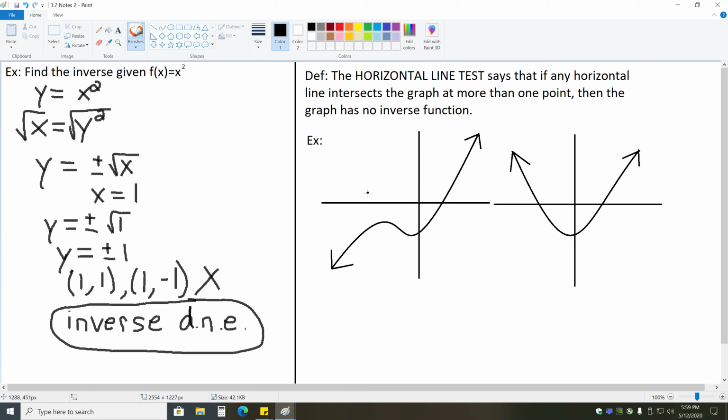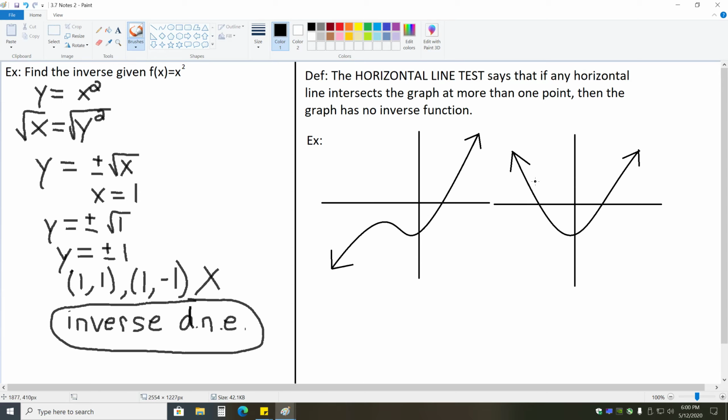It's similar to the vertical line test, which said if a vertical line intersects the graph at more than one point, then the graph is not a function, that is. So horizontal determines if it has an inverse, vertical determines if it's a function.